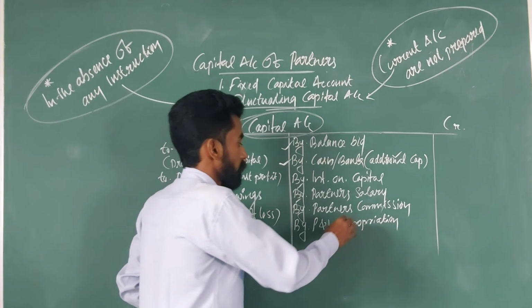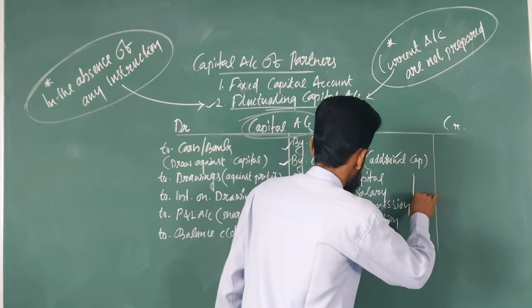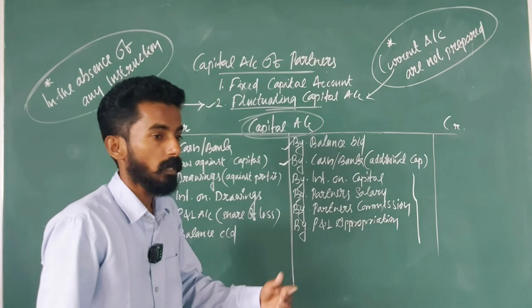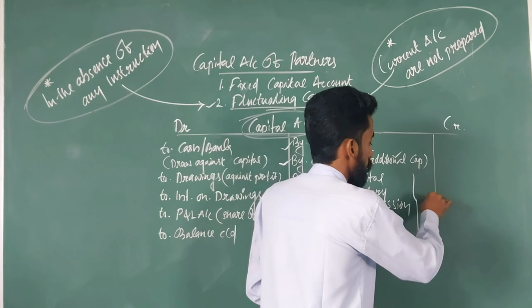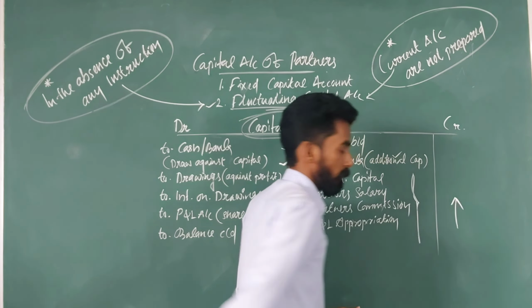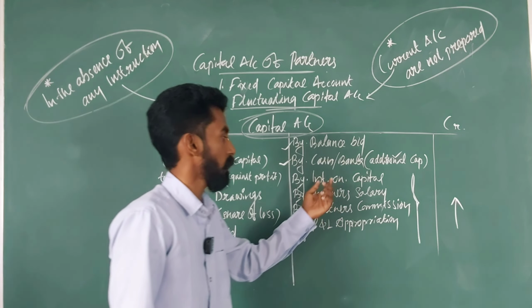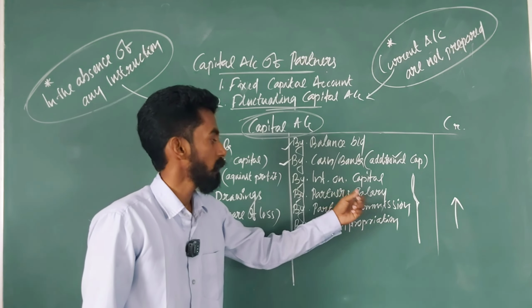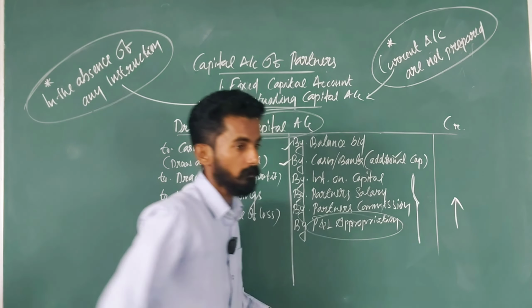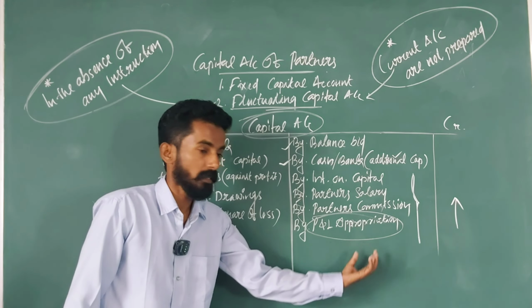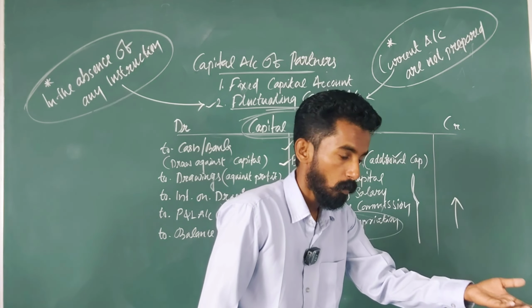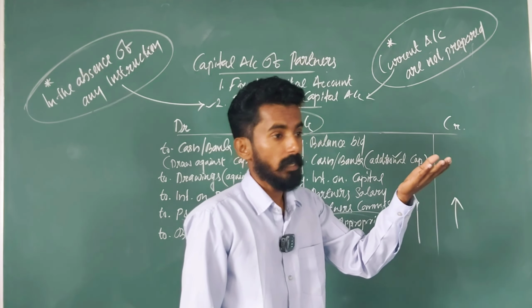So the third one is the other extra items we have discussed already in the last class. These 3-4 items are going to increase the capital balance or decrease the capital balance? Increase the capital balance. Because if a partner is going to get interest on capital or salary or commission or share of profit from appropriation, in all these 4 cases the capital balance of partners is going to increase.